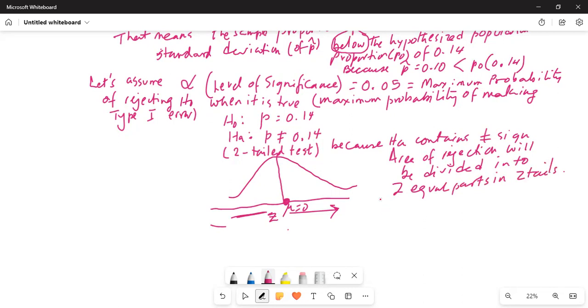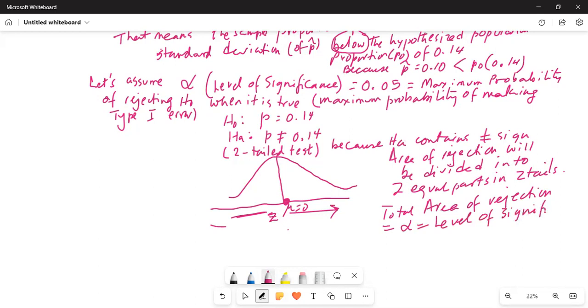Let me erase this. We already know from the definition of level of significance that the total area of rejection is equal to alpha, the level of significance.